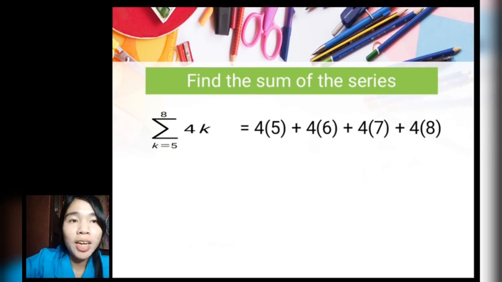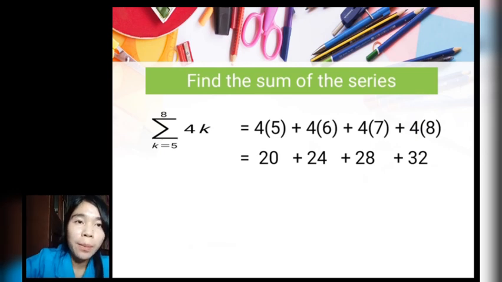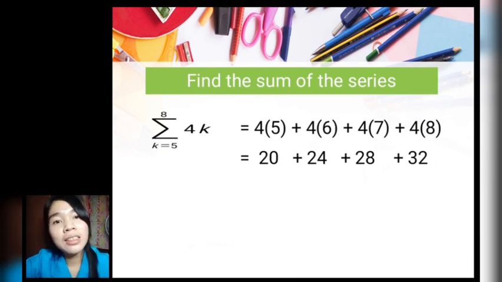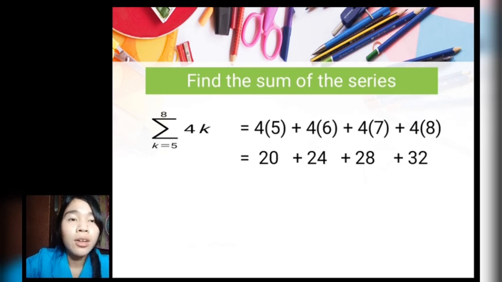So we have 4 times 5 plus 4 times 6 plus 4 times 7 up to 4 times 8. Let's simplify: 4 times 5 is 20, plus 4 times 6 is 24, plus 4 times 7 is 28, plus 4 times 8 is 32. Now let's add it all. We got 104 as the sum of the series.